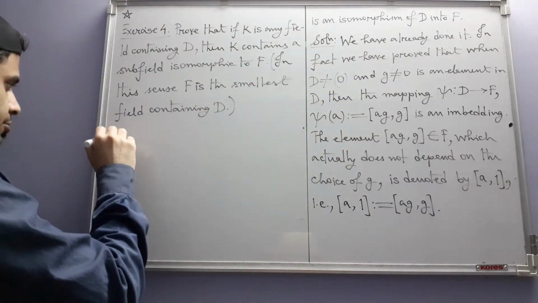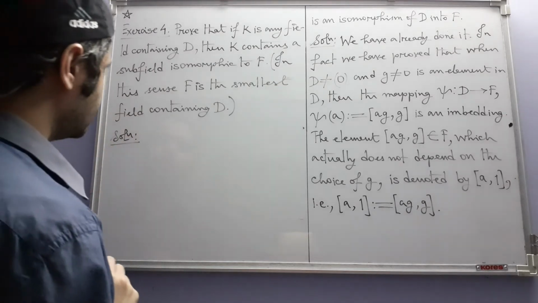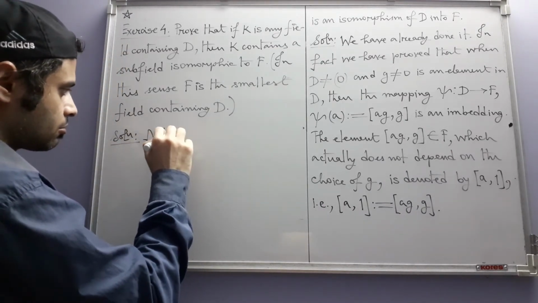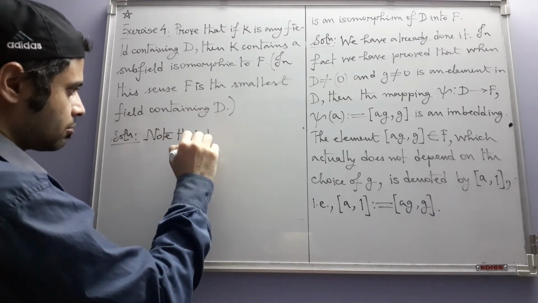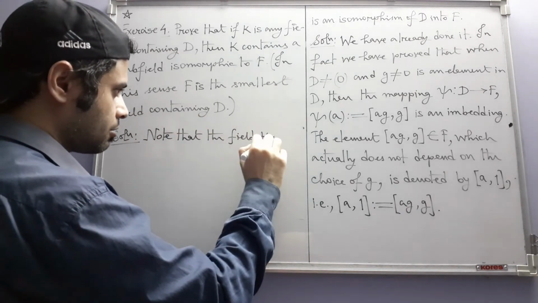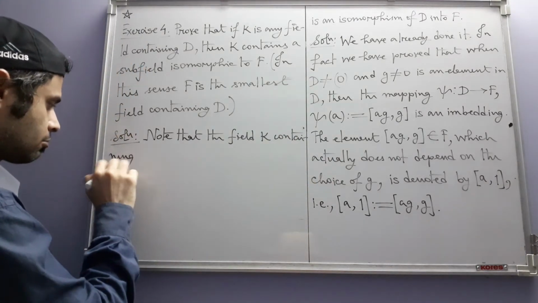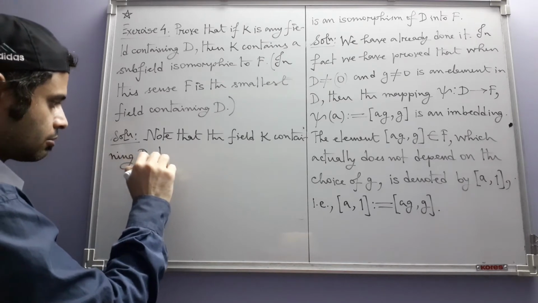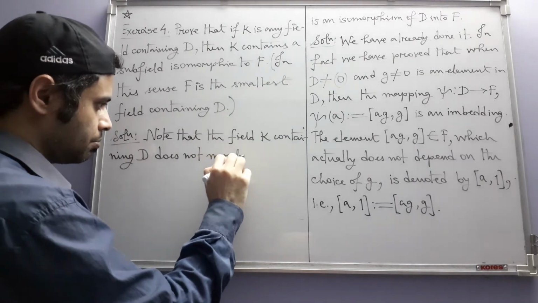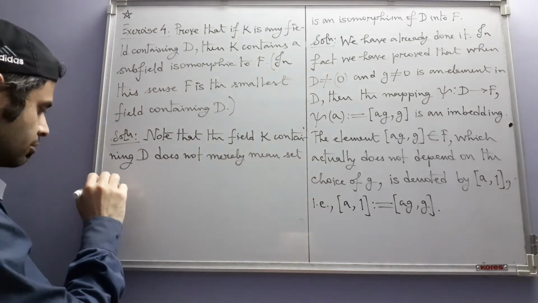So let us see the solution, and before solving this exercise we want to make one remark also. Note that the field K containing D does not merely mean set inclusion.